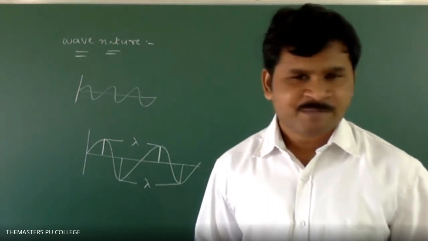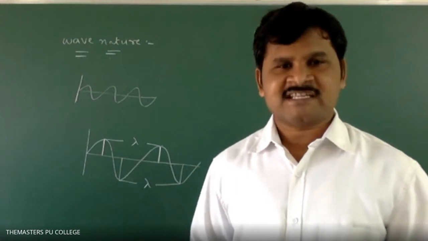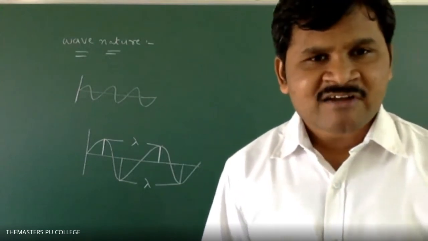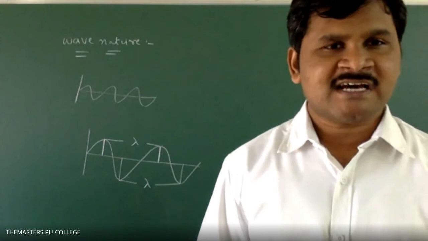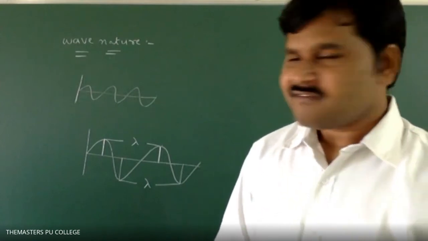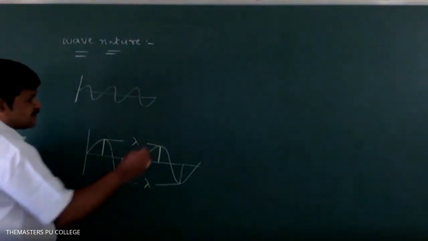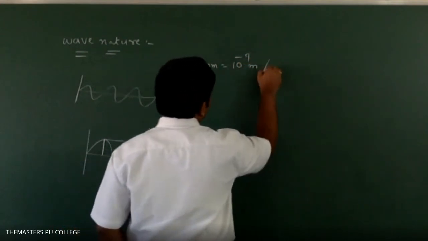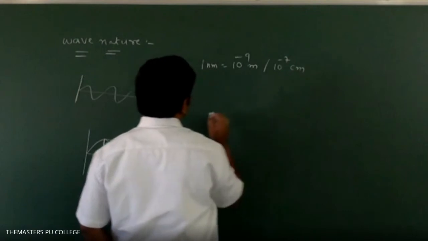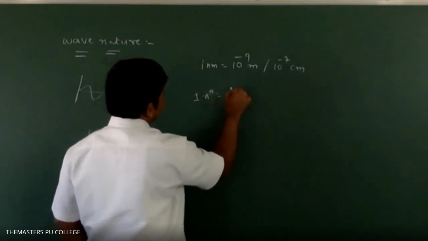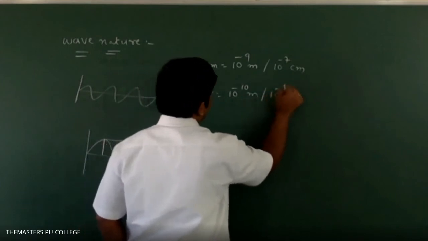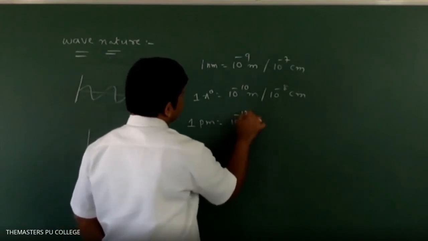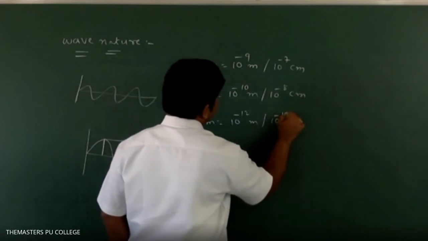Still, for smaller lengths, generally we use nanometer, angstroms and picometers. 1 nanometer is equal to 10 power minus 9 meters or 10 power minus 7 centimeters, 1 angstrom is equal to 10 power minus 10 meters or 10 power minus 8 centimeters, and 1 picometer is equal to 10 power minus 12 meters or 10 power minus 10 centimeters.